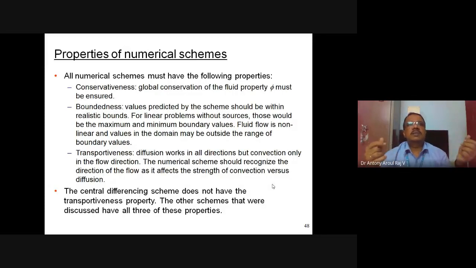That is what we have seen. That is why in the central difference method, whenever you are writing, it will be like aP φP equals summation of neighboring nodes plus b. That is how you are going to get it. So what is the meaning of that?